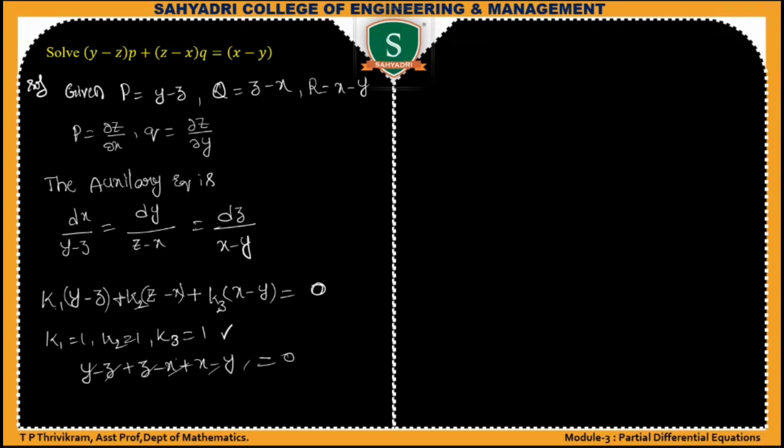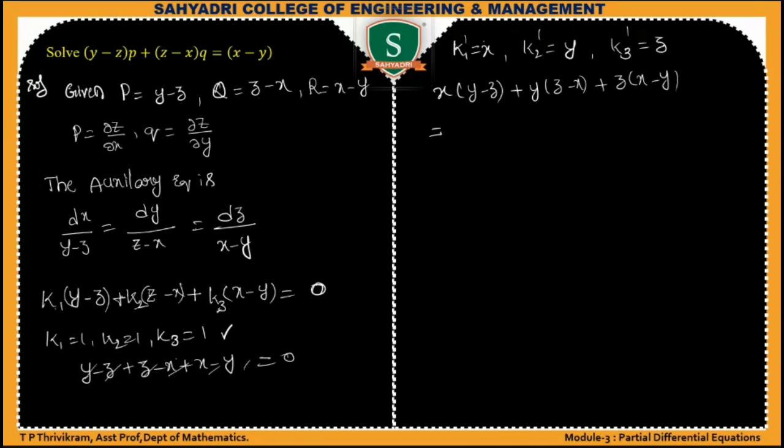Similarly, I have to take k1 dash, k2 dash and k3 dash. For every problem we get 2 multipliers, and one of them we have found. What is the other? Suppose I multiply the first term with x, the second term with y and the third term with z. Then x into y minus z plus y into z minus x plus z into x minus y will be how much?